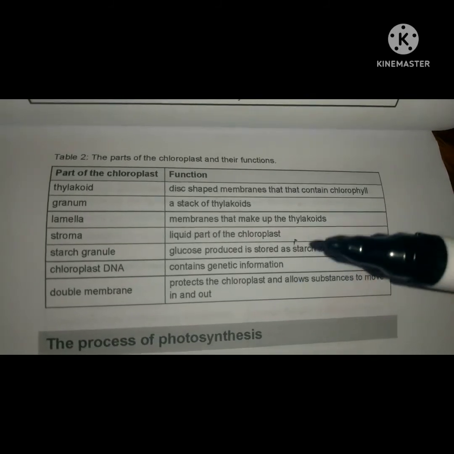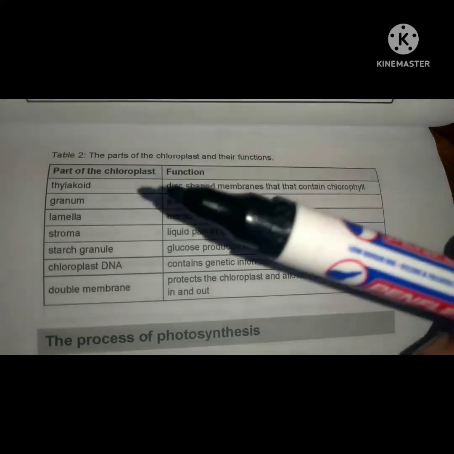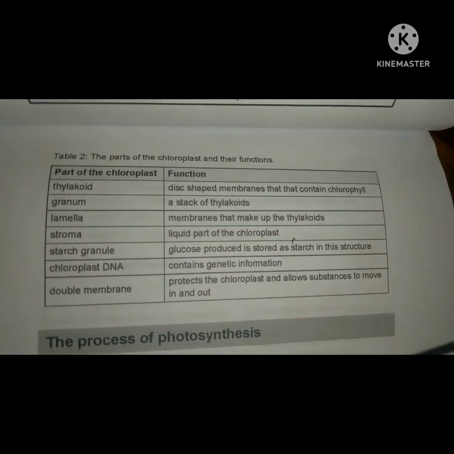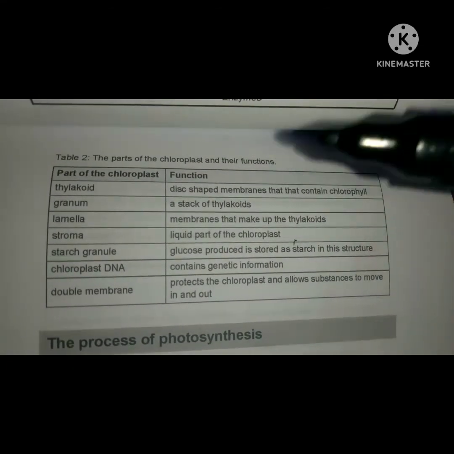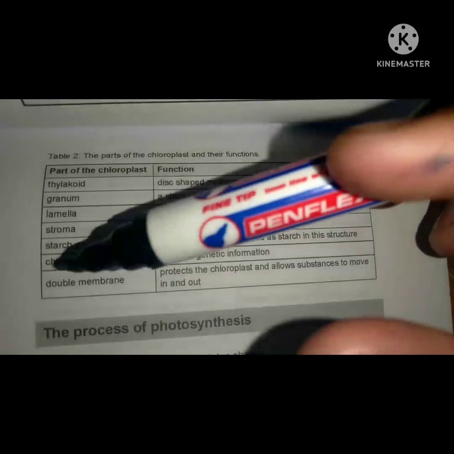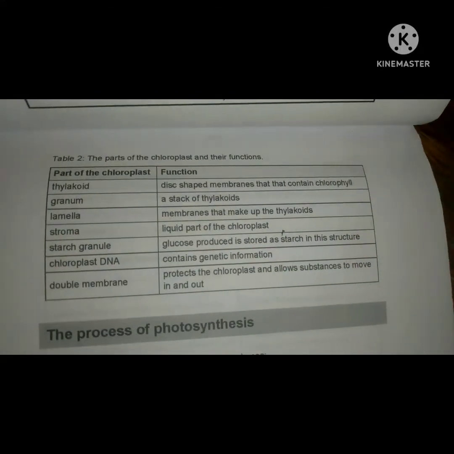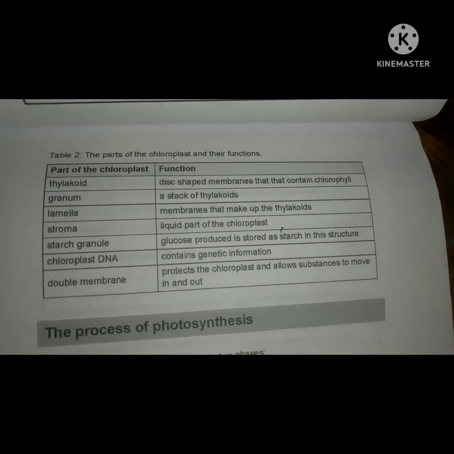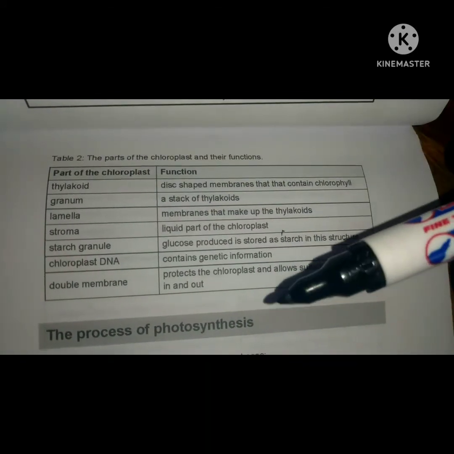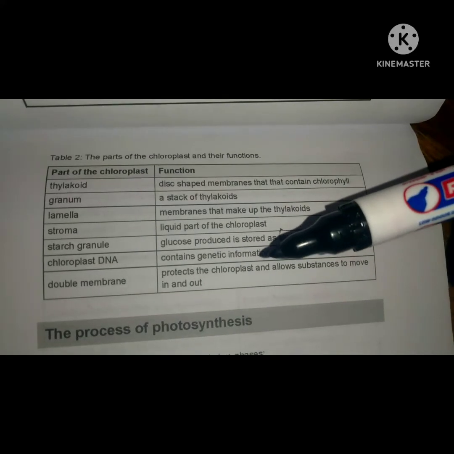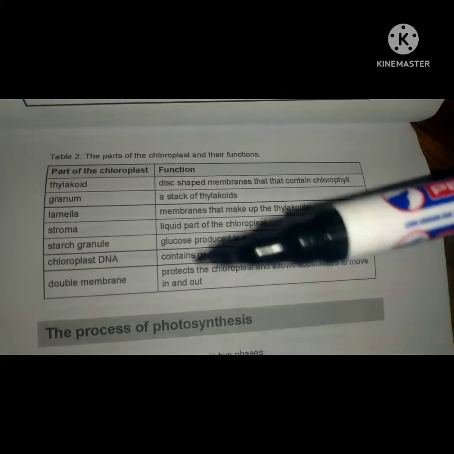But then we'll explain that later. So the granum is a stack of thylakoids. So when thylakoids are many, and on top of each other, as suggested by the image we just saw before, we call it granum.